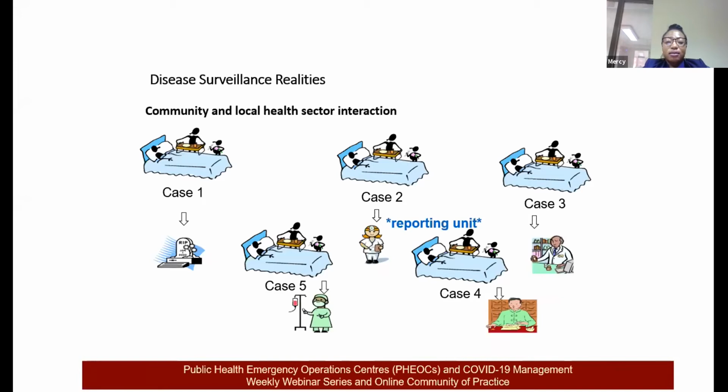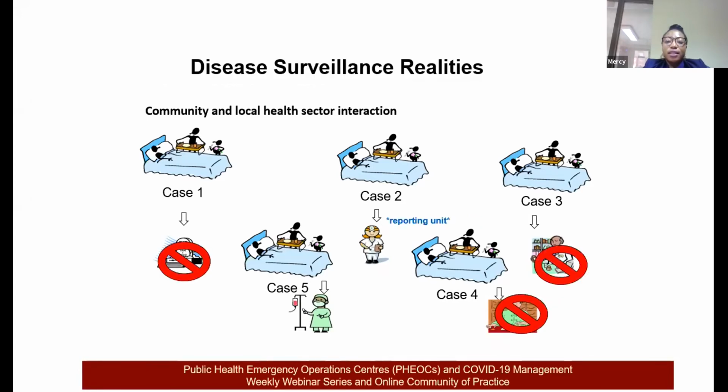Amongst the 5 cases, only case 2 went to a clinician that is part of the official reporting system. Cases 1, 3, and 4 did not come to the attention of the health sector, and these are unofficial and informal sources.